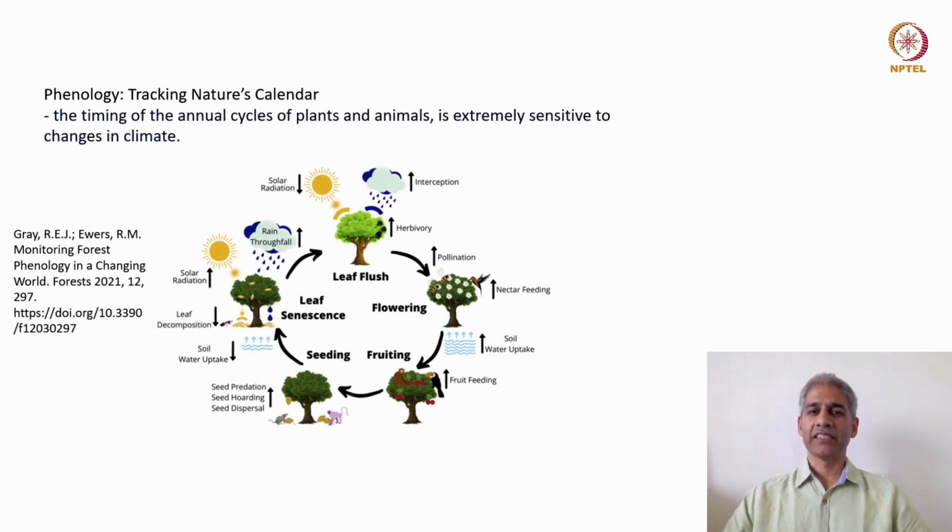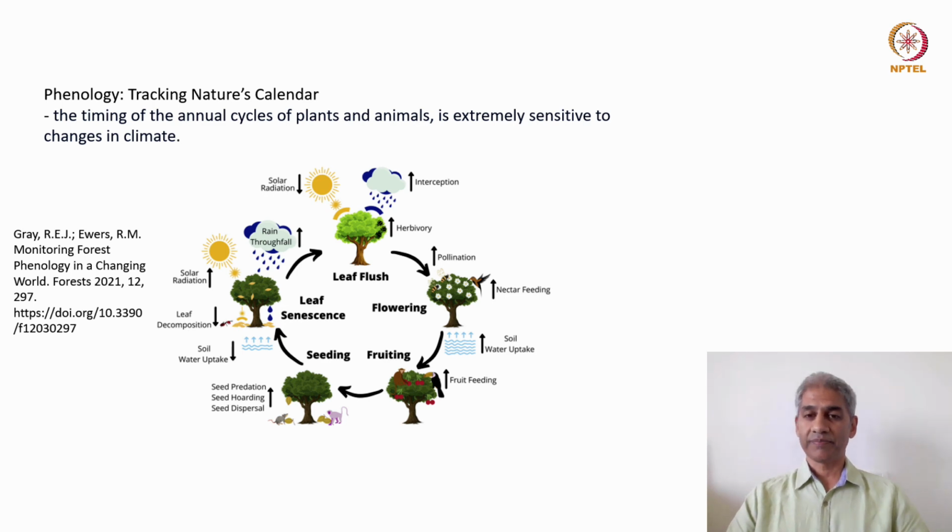And the schematic here makes the same point that, in fact, plants will have a definite phenology where in the springtime you will have young leaves come out, or there's a leaf flush. And in fact, insects or caterpillars depend on this leaf flush in order to feed on them. So there's an increase in herbivory.